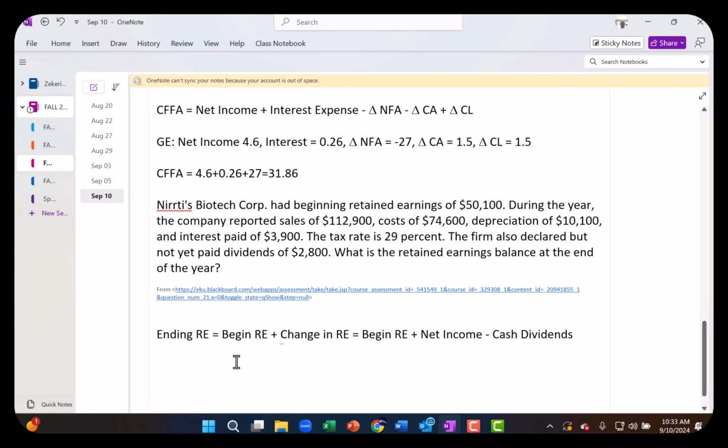So we know the beginning retained earnings. We need to figure out net income and cash dividends.